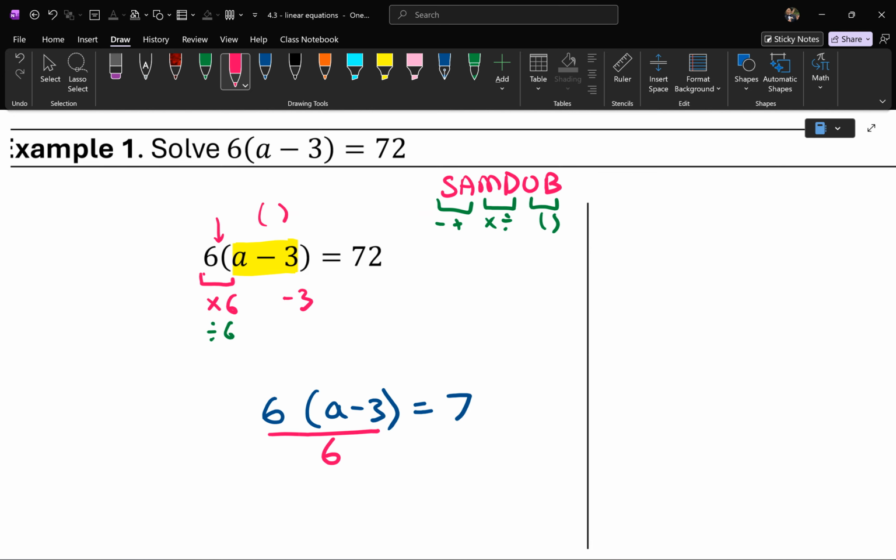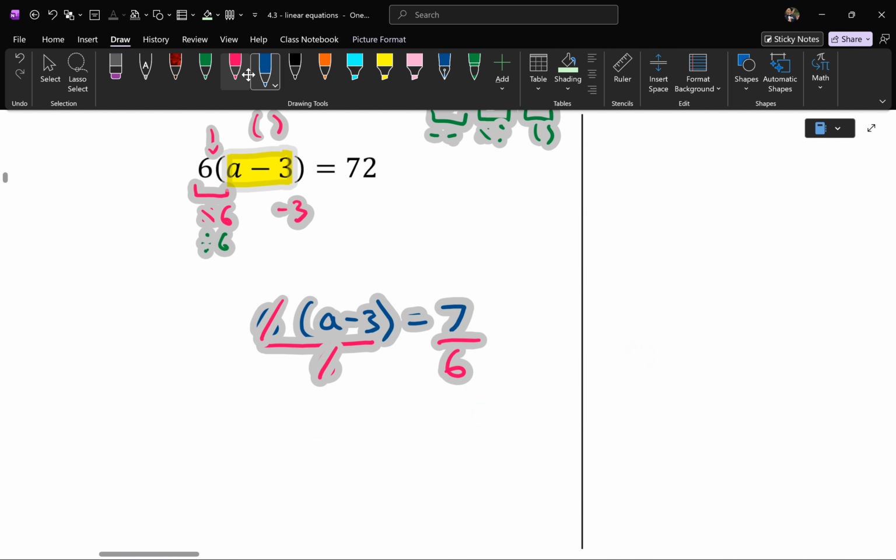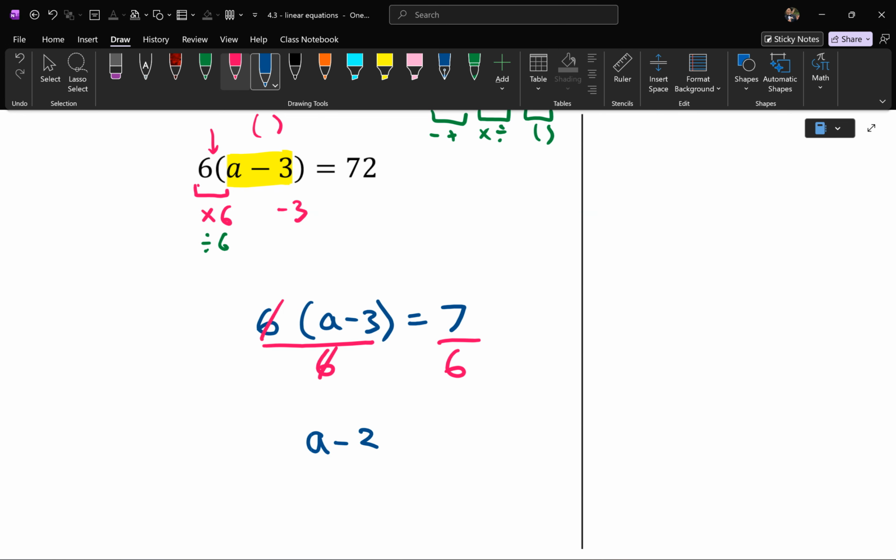Whatever I do to the left, I do to the right. So here we go. 6 divided by 6 cancels out. And then you're left with just the brackets left, which is a minus 3. And you can see here, a minus 3. Now you only have the subtraction to worry about.